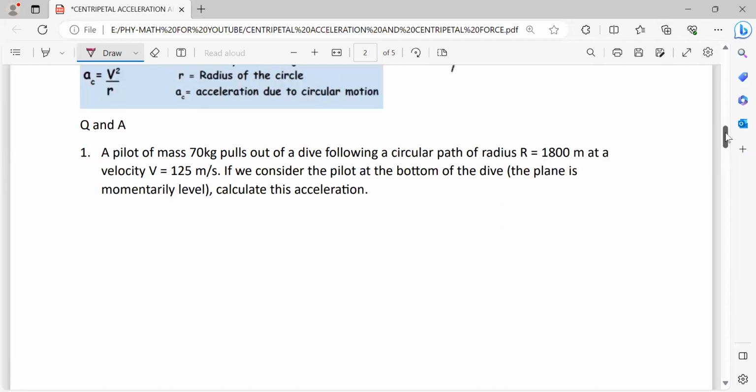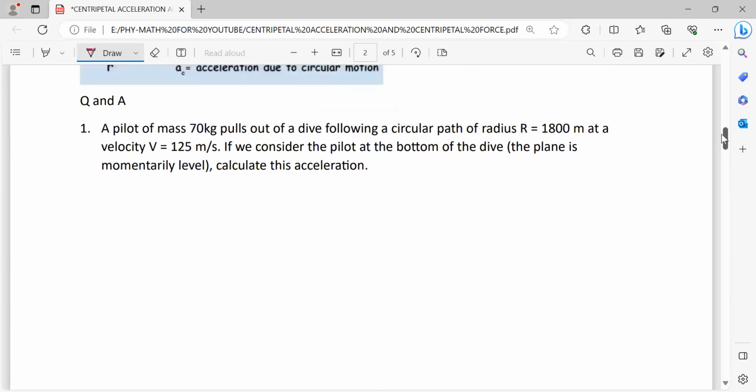Now let's start to discuss the questions. Number one: a pilot of mass 70 kg pulls out of a dive following a circular path of radius 1,800 meters at a velocity of 125 meters per second. If we consider the pilot at the bottom of the dive, where the plane is momentarily level, calculate the acceleration.